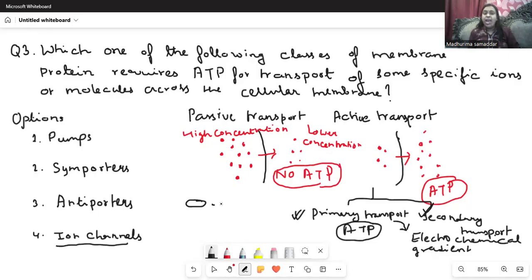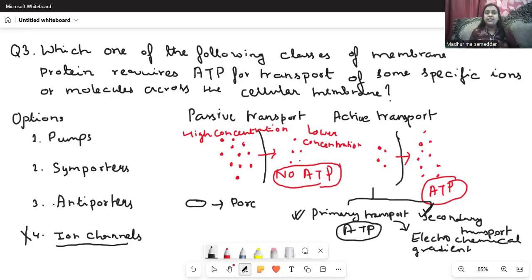So as they are making the pore, the ions or the molecules are getting transferred through the pores. So this is occurring in favor of the concentration gradient. It is a passive transport. ATP is not required in this case. So this option is not correct.